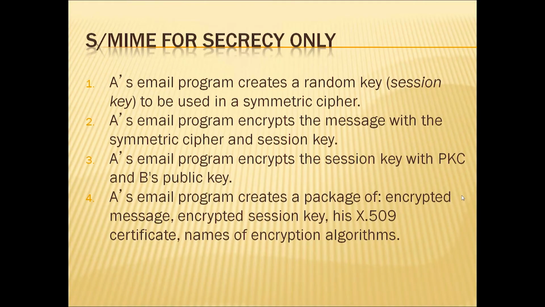Directly we have not mentioned it anywhere, but then why is A generating this symmetric cipher and session key? Obviously, only for confidentiality purposes, for security purposes. Now, go to the fourth step. A's email program creates a package, encrypted message.